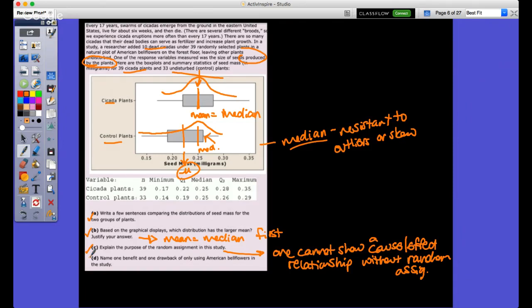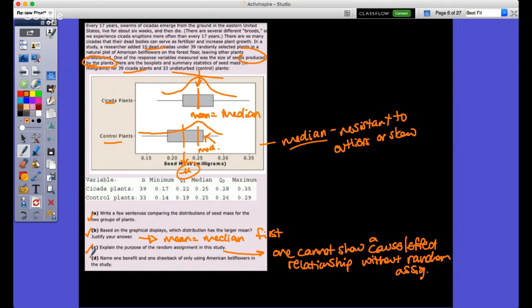Name one benefit and one drawback of only using American bellflowers in the study. The one benefit would be the fact that you don't have confounding variables. When you only have one plant, you can say with more certainty that if there's a positive implication of cicadas on plant size or seed growth, then in that instance you could say that, because it eliminates confounding variables when you minimize the types of flowers.